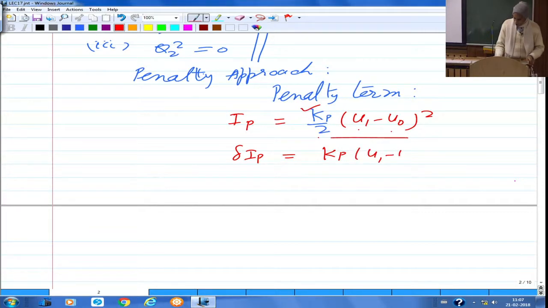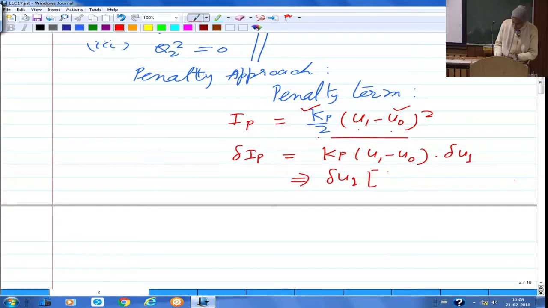So you have Kp, U1 minus U0, into delta of U1; U0 is a known quantity. This is going to get added to your remaining equations, whatever equations exist. Now in this system you have delta U1, which is again an unknown, so it is arbitrary.